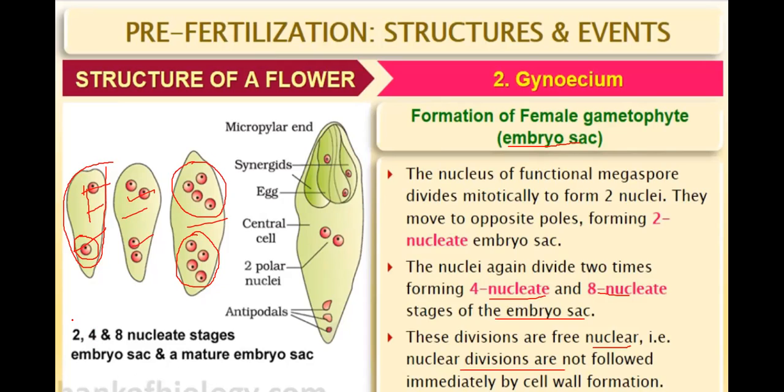So this is the 2-nucleate, 4-nucleate and 8-nucleate stage of the embryo sac, and ultimately the structure of the mature embryo sac. The mature embryo sac has 3 antipodal cells, 2 polar nuclei, synergids, and then the egg. The synergids and egg are present towards the micropylar end, and the antipodals at the end away from the micropylar end, towards the chalaza.